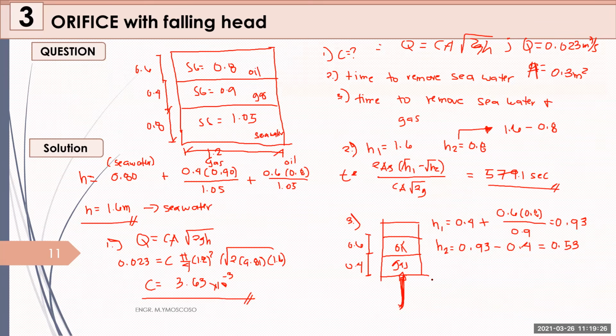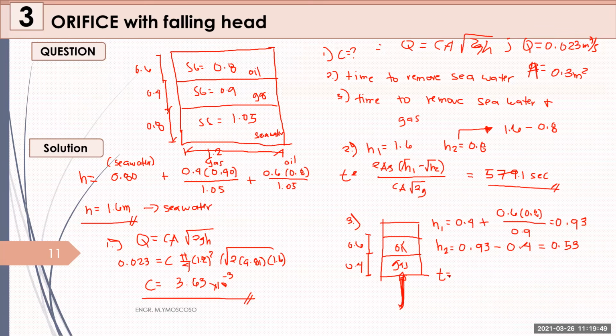Okay? So, sige, paki-compute ang ating time. Same given, yung height lang ang nagbago. Sana all nagbabago. So you have 1.2 squared times square root yung H1 natin, that would be 0.93. Your H2, that would be 0.53. Times your C, 3.63 times 10 raised to negative 3.